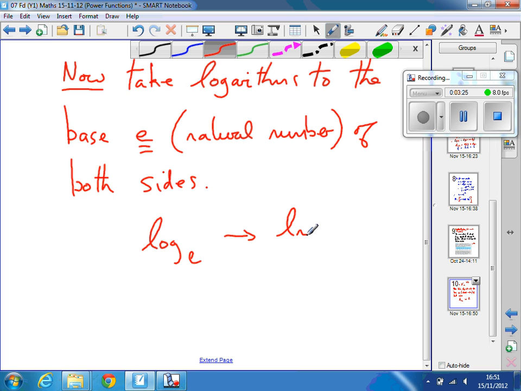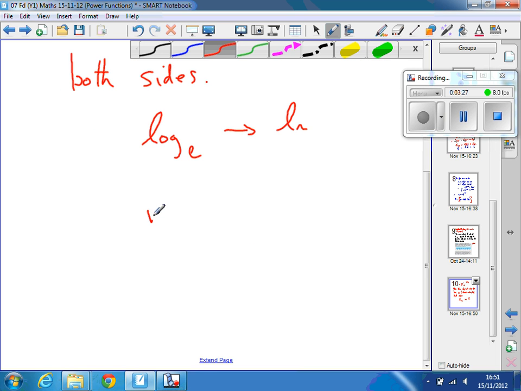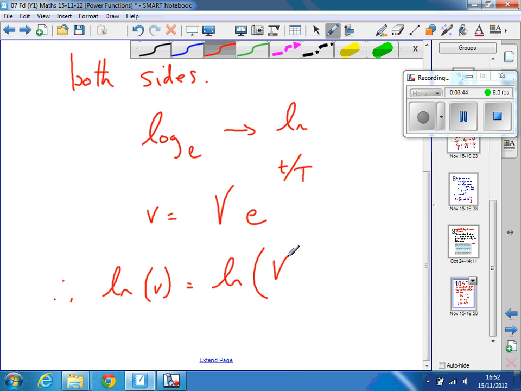So let's take our function, V equals V naught e to the t over T, and take natural logs of both sides and see what that does. Therefore, the natural log of V equals the natural log of V naught times e to the t over T. So same thing, take log of both sides.